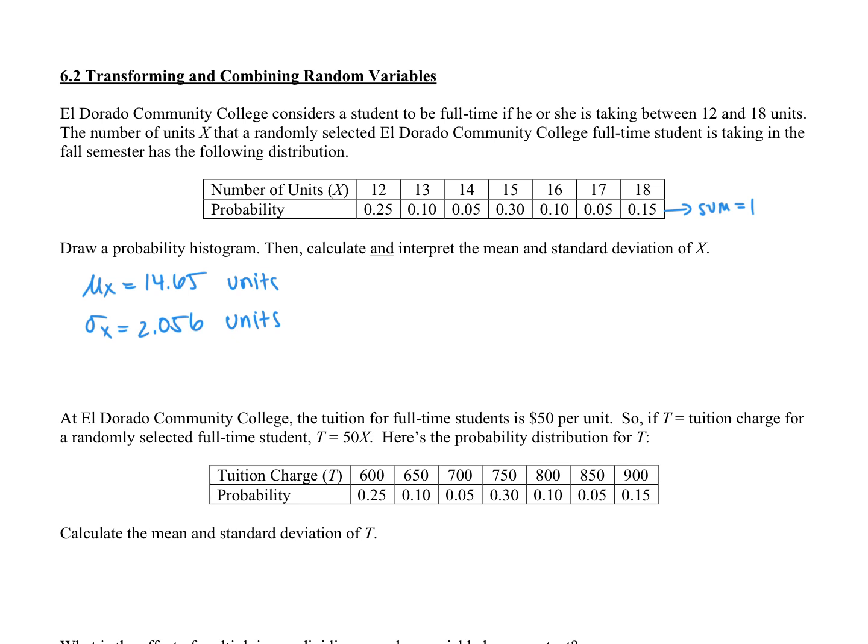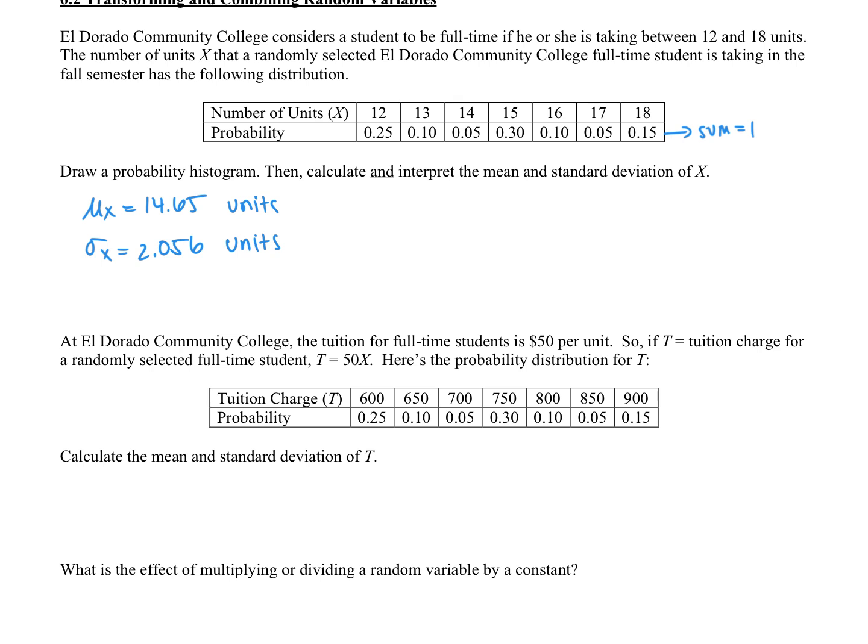Okay. So then here's where we're getting into some new stuff. At El Dorado Community College, the tuition for a full-time student is $50 per unit. If T is the tuition charge for a randomly selected student, we can write T then is 50 times X. So what that means is if you are taking 13 units and you get charged $50 a unit, 13 times that 50, you're being charged $650.